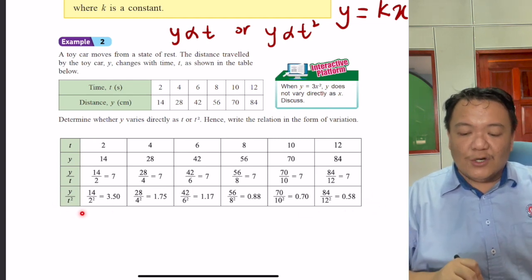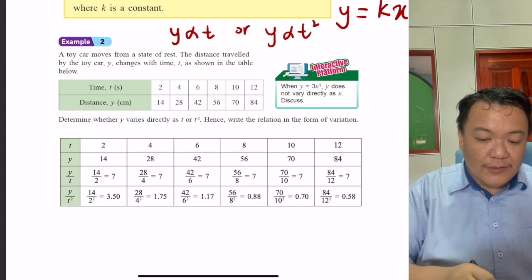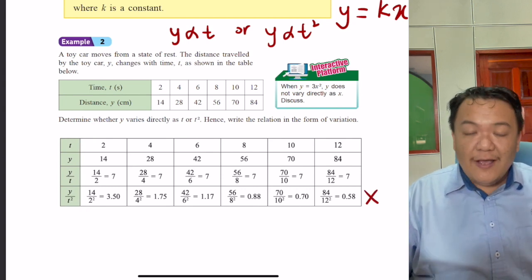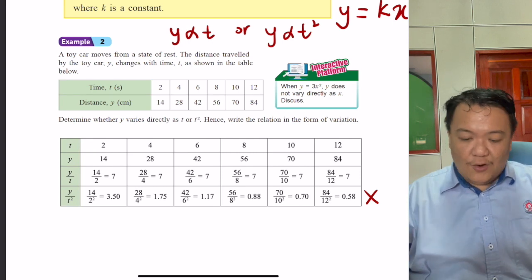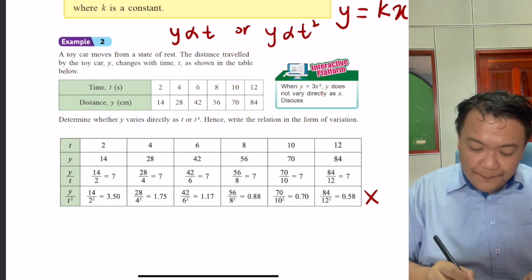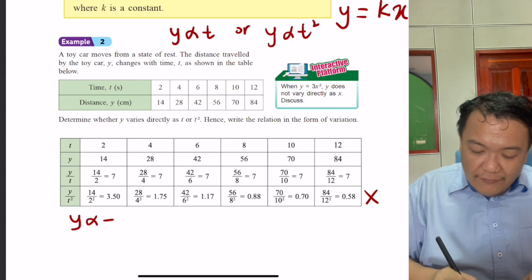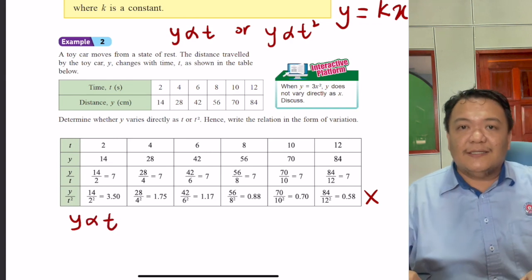So if it is not constant, okay, so it means it does not vary directly. Okay, so over here we can conclude that, okay, Y varies directly as T.